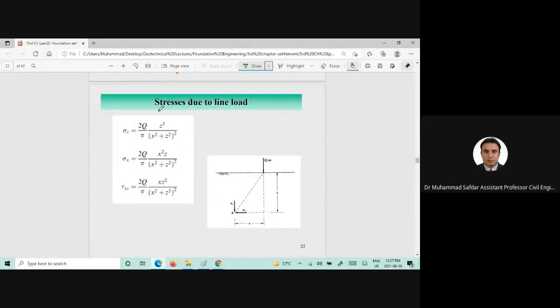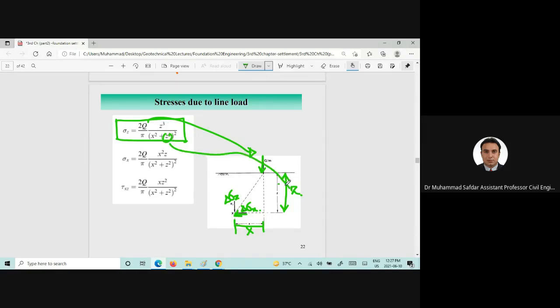Please kindly note down this equation, it's important. Now, if a line load is applied, and we are interested in finding the stress increase at distance x at a particular depth z, then you can use this equation where Q is the load per meter, z is the depth, and x is the distance away from the central line.